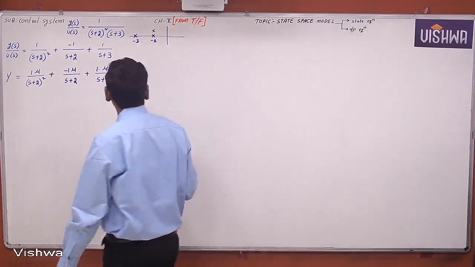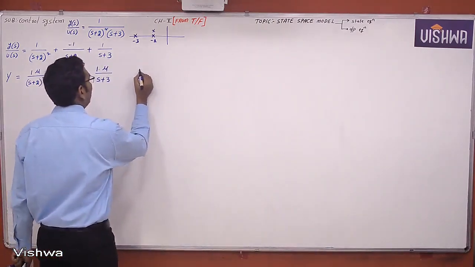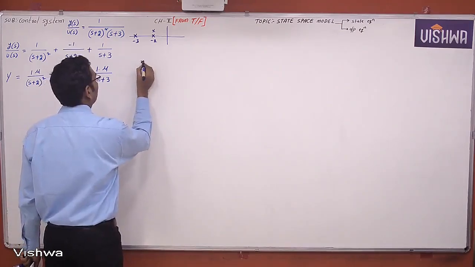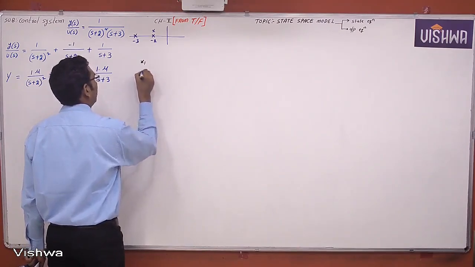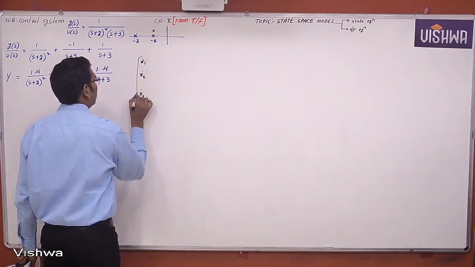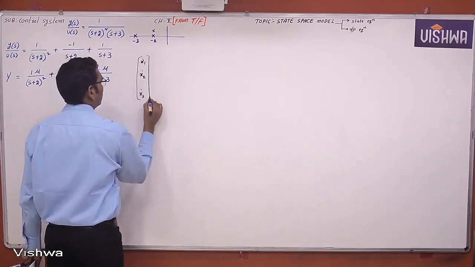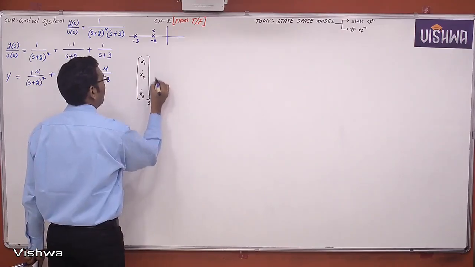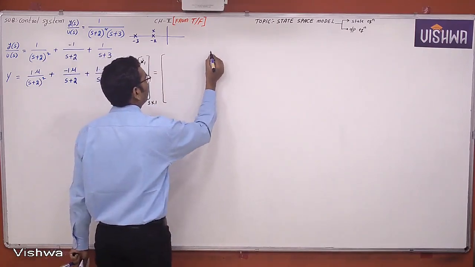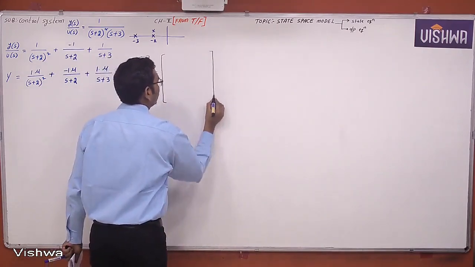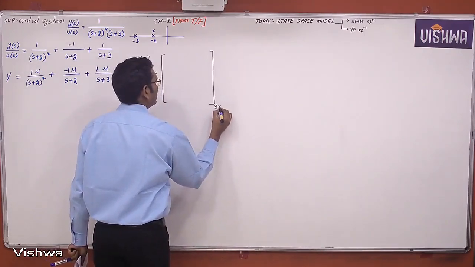Just observe here. Now what is the A matrix? x1, x2, x3 dot. So this is 3 by 1, so automatically the remaining, this is 3 by 3, this is the 3 by 3 matrix.